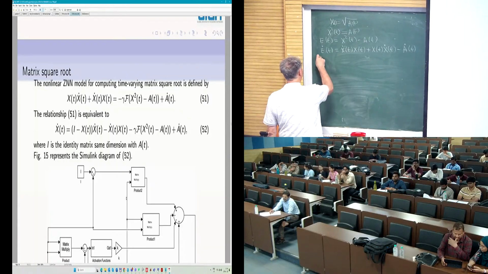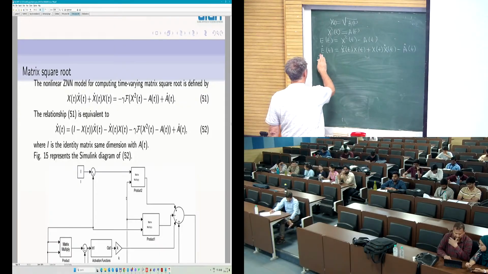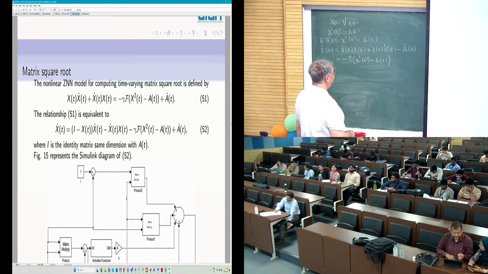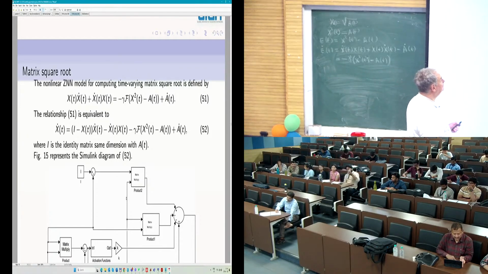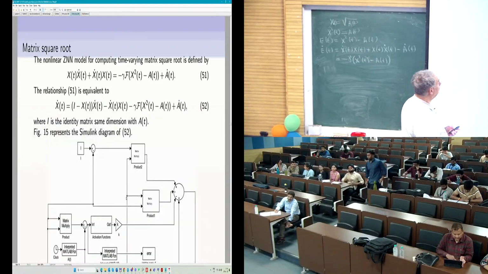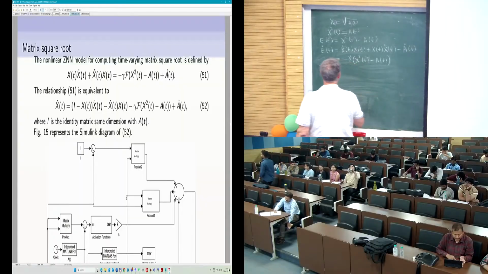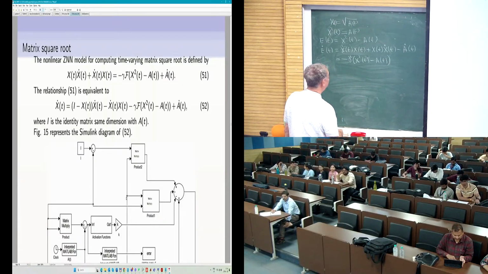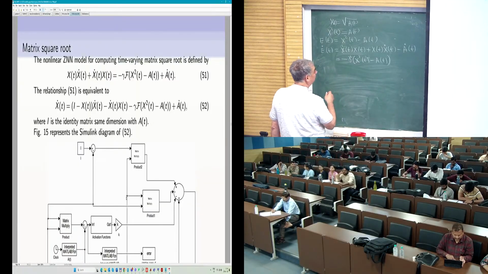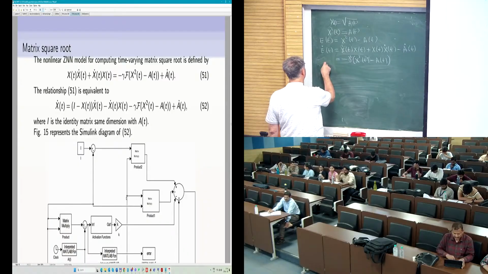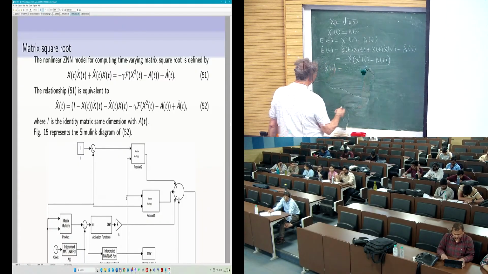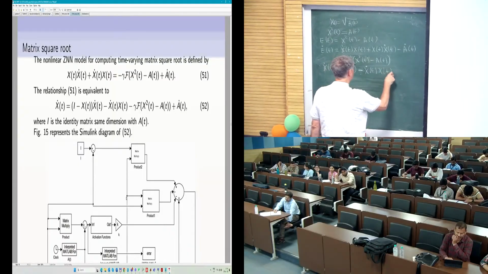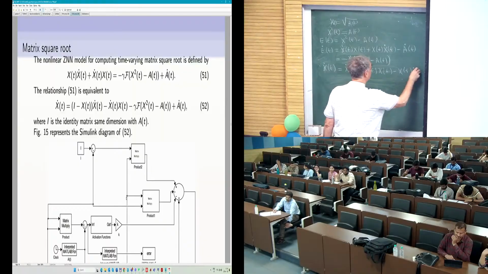The ZNN model gives... I will continue. And according to ZNN design, it is equal to... now we need terms with x dot, minus x of t, you are right, x of t, x dot of t.